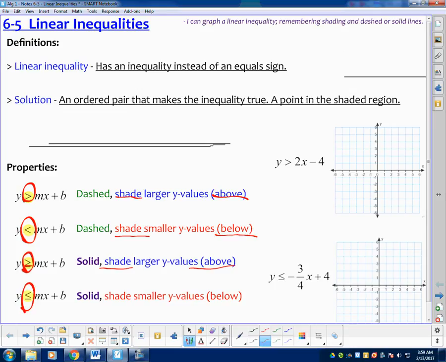Less than or equal to is a solid line, again because of the equal sign, and we're shading below. Make sure you get all of those, and then you don't need to write all of these words. Just shade below or shade above. And then I'll show you what that actually means.